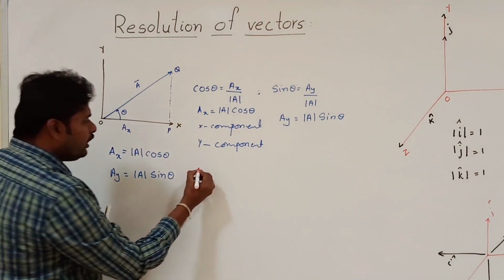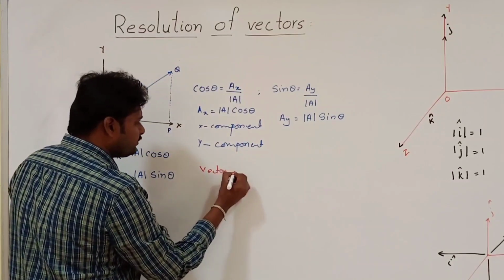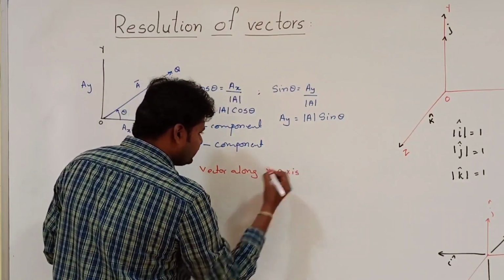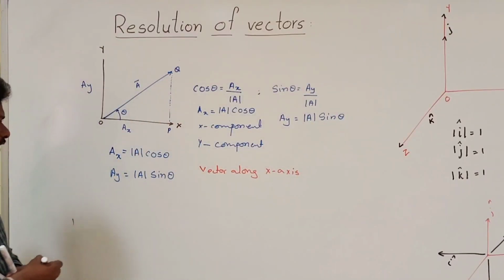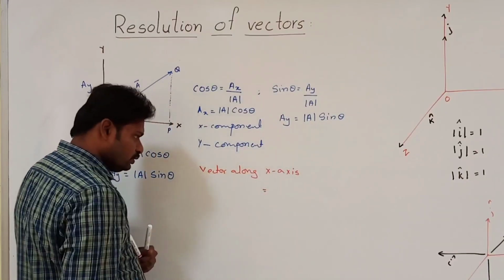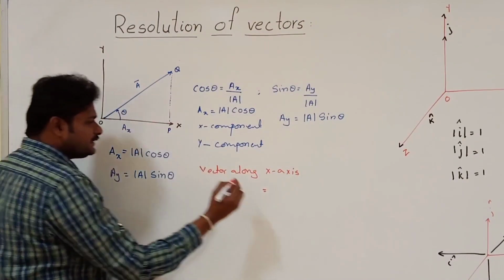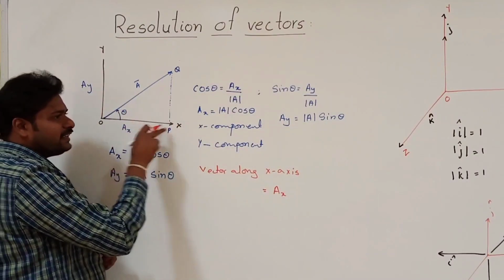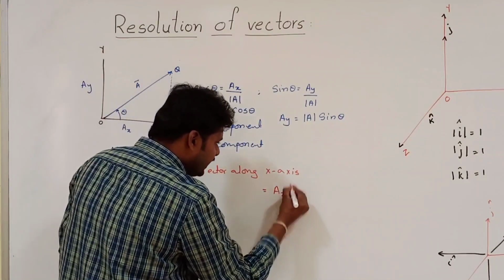Vector along the x-axis is equal to the component along the x-axis, AX, with the vector pointing in this direction, which we already saw as AX i.